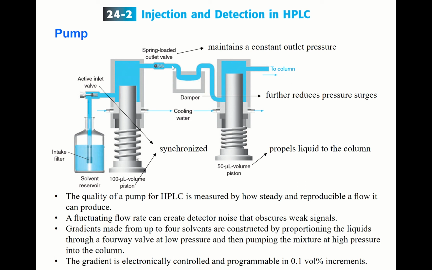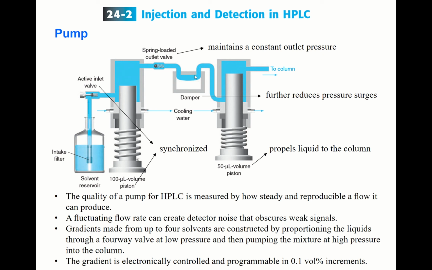And then this solvent goes through this damper, right? The damper further reduces pressure surge. Pressure surge means that you suddenly see the pressure change. Using this damper, it reduces pressure surge, and also here there is cooling water circulating.